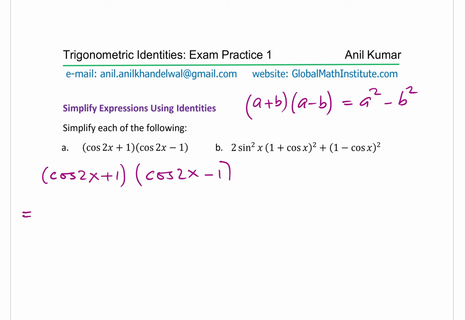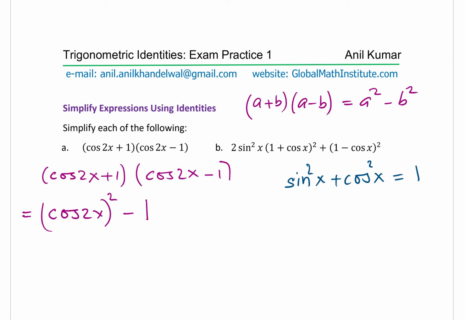So that could be written as cos of 2x square minus 1. Okay. Now, you remember the Pythagorean identity, which is sine square x plus cos square x equals to 1. Now we can see what cos square x minus 1 equals to.